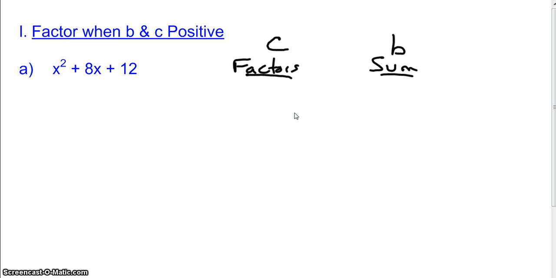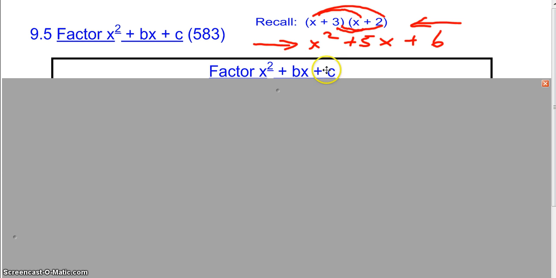Now, we're using these terms b and c, so let's go back and look. Notice b is the coefficient in front of the middle term, and c is the final number in the trinomial, which is often a constant number. You don't see an x next to it, so it's a constant.